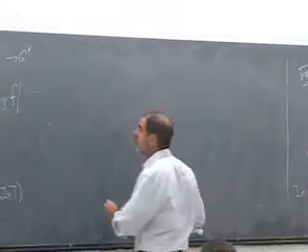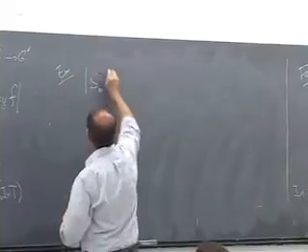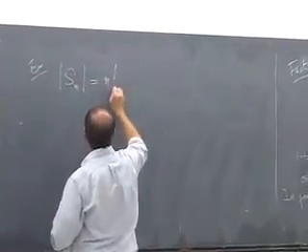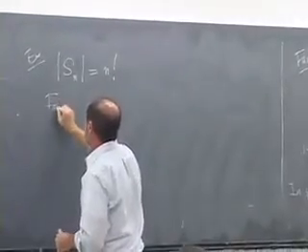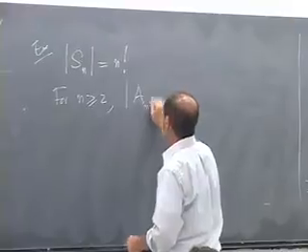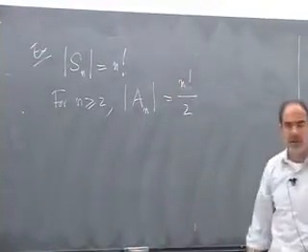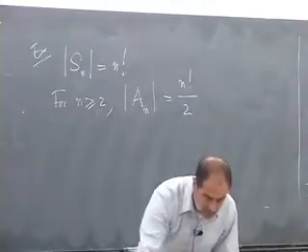example of this, example, the order of the symmetric group on n letters is n factorial. For n greater than or equal to 2, the order of the alternating group on n letters is n factorial over 2, as I claimed last time. Proof?